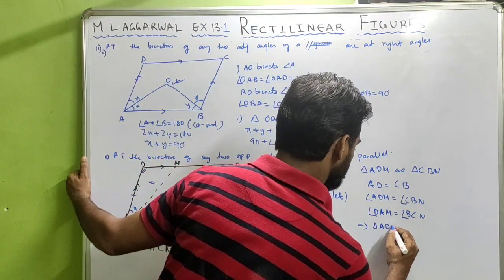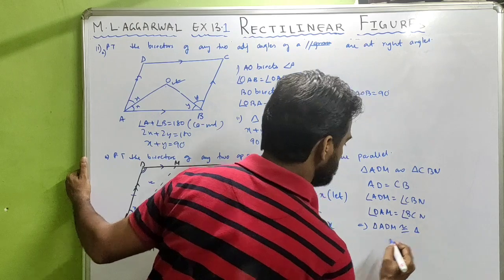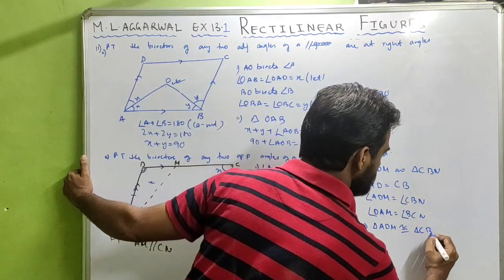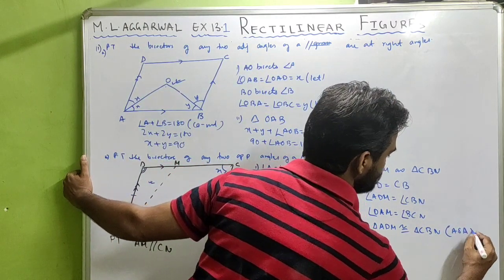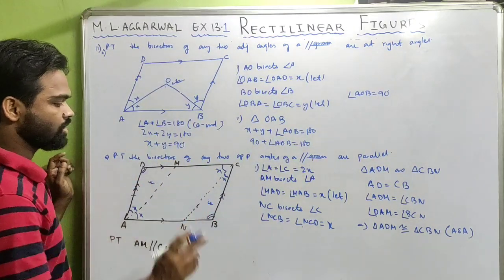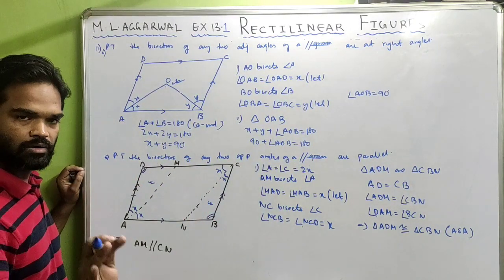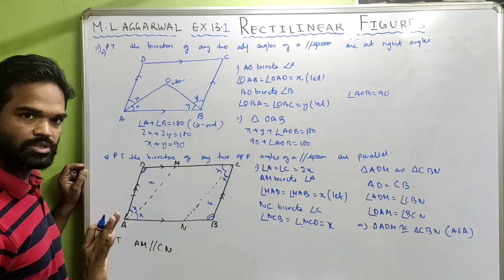Triangle ADM is congruent to triangle CBN, angle side angle. Which means these two triangles are congruent to each other.